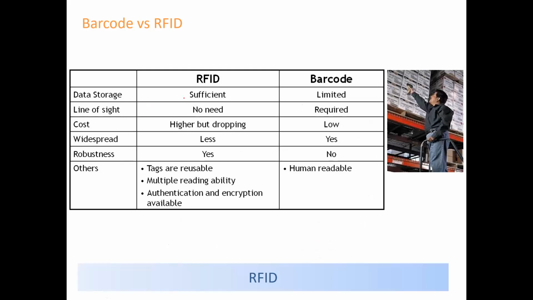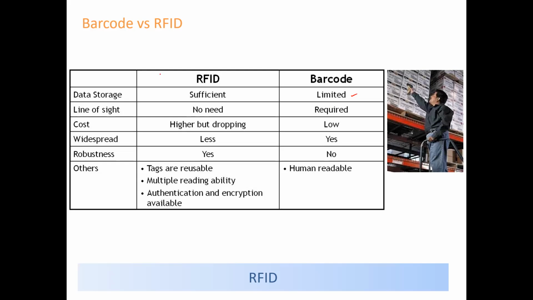Okay, for data storage, barcode is very limited. It just contains some information, for example, the number under the barcode, and then you have to interpret that number to, for example, the company name or the plant's name or the production line's name, just that.